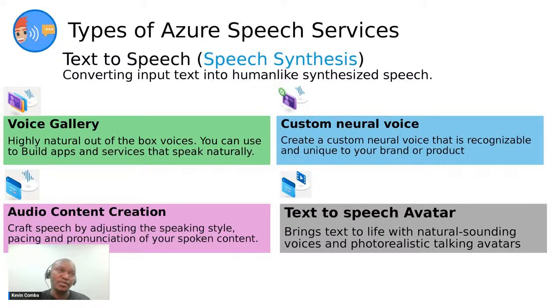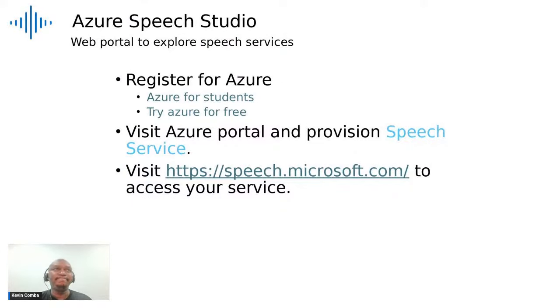So you can create your own human-like voice and create content with it. We shall also see that. Just like the language service, we're going to visit the Azure portal, provision the speech service, and then access the speech portal, which is a good way to test and play around with the service.